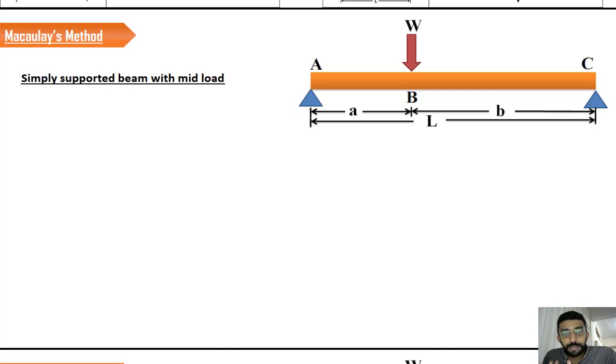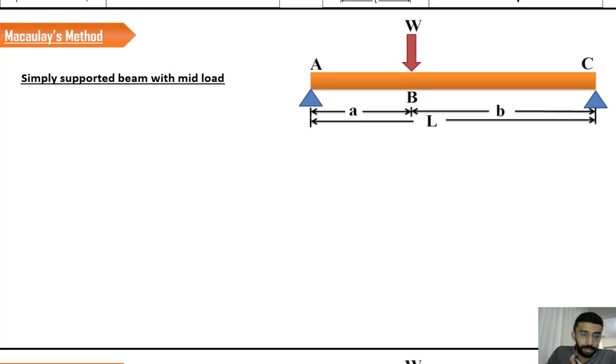Our primary aim is to derive general equations which include section AB as well as BC and do the double integration. So our initial aim is to obtain a general equation that contains the terms which denote AB and the terms which denote BC. Let us see how we will do that.